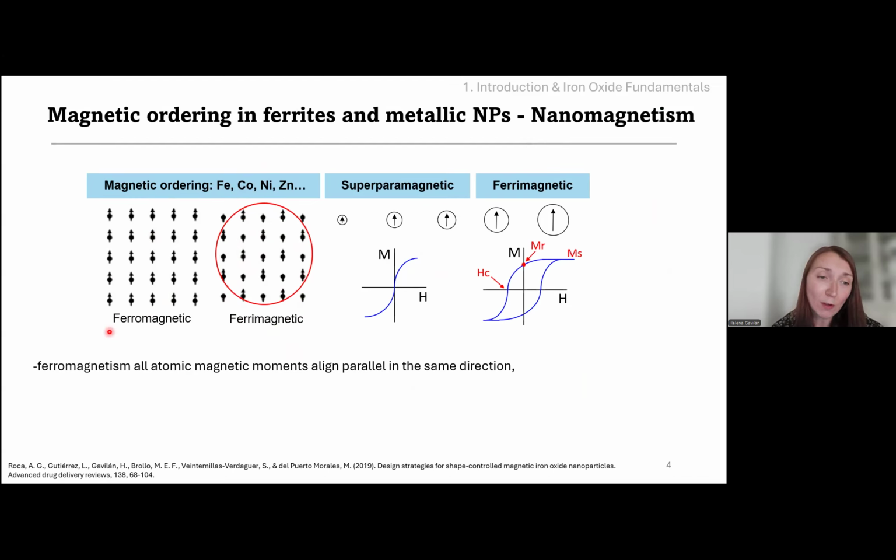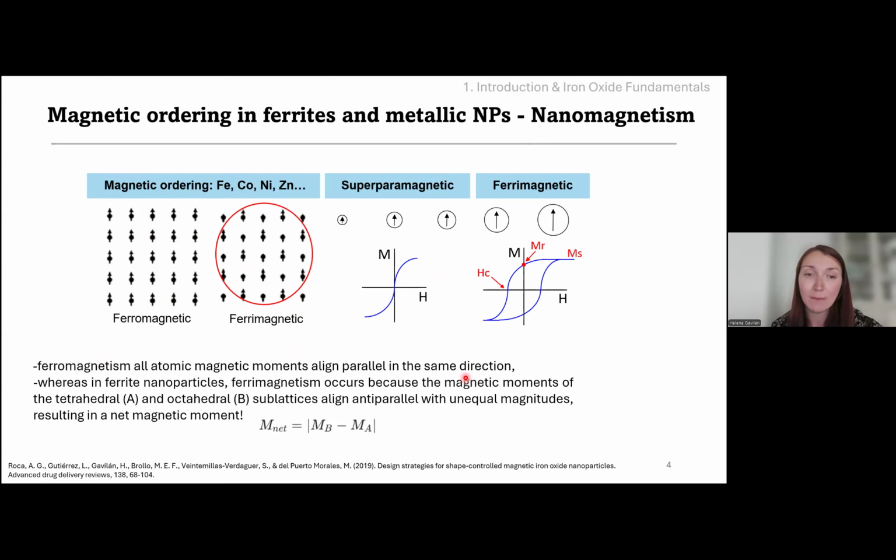So for ferromagnetic, all atomic magnetic moments align parallel in the same direction, but in the case of the crystal structures that we saw, ferrimagnetic, this occurs when we have magnetic moments in the tetrahedral and octahedral sublattices, which align antiparallel with unequal magnitudes. Okay, so this will result in a net magnetic moment that will be the difference of the two sublattices.